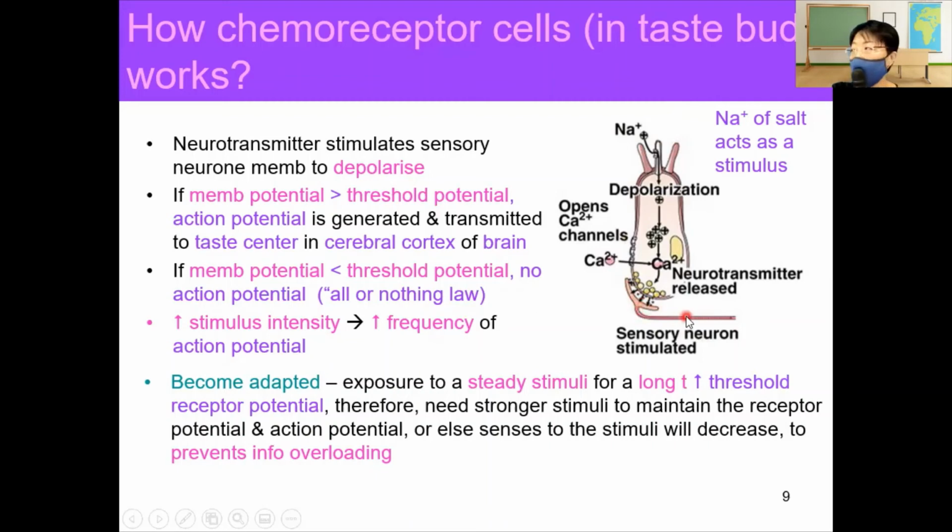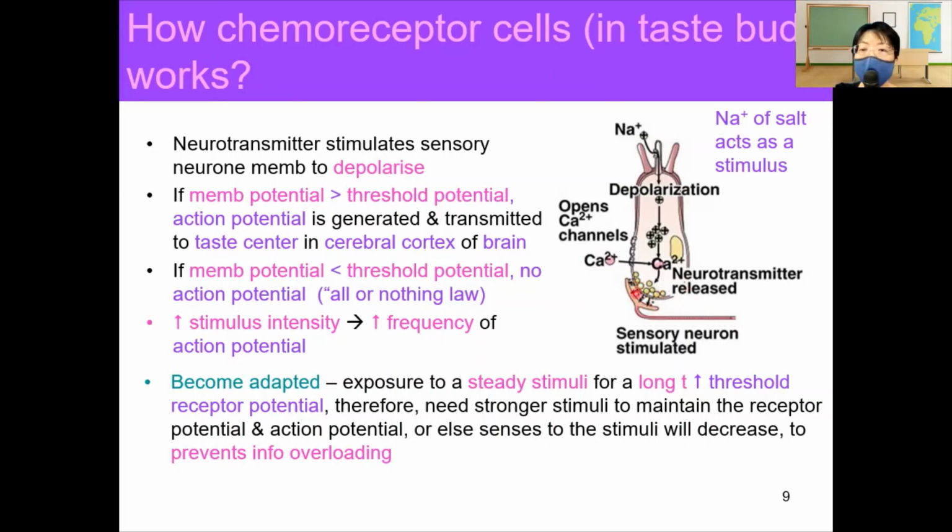So you kickstart another one, then fire another one, until there's no more sodium. It means sodium is removed back by active transport. Oh sorry, not calcium, sodium ion. So this part is sodium ion, so until sodium ion is removed from this region here.